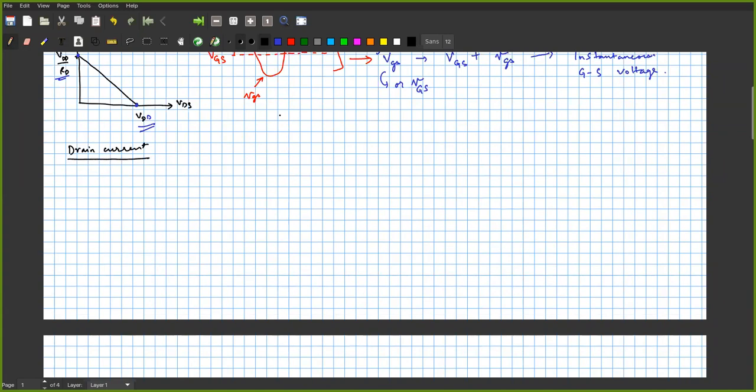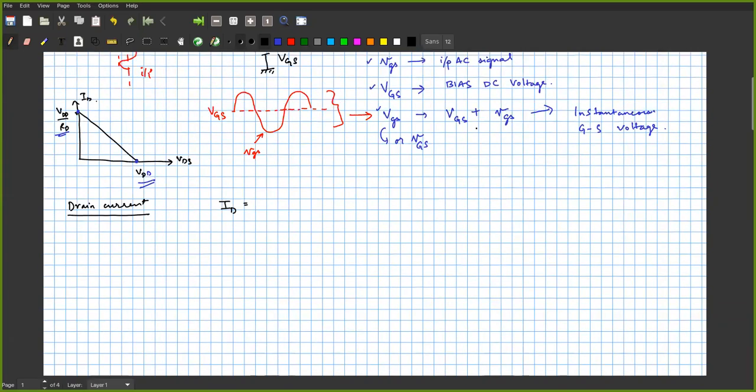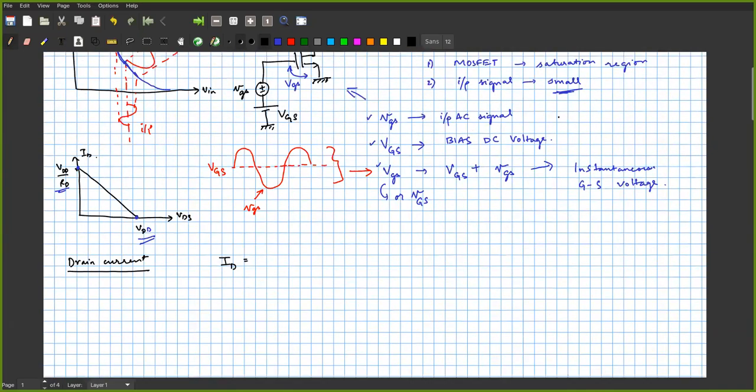Drain current. Also another point I want to mention: this holds true for currents too. It is not only pertaining to voltages, you can apply this for currents too.